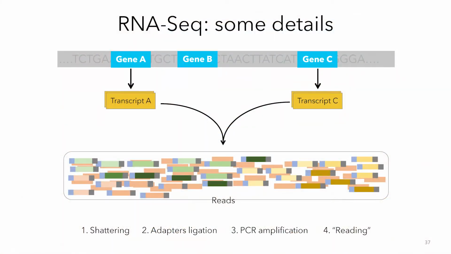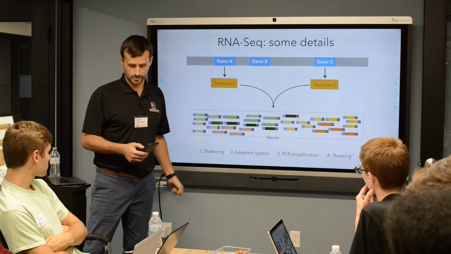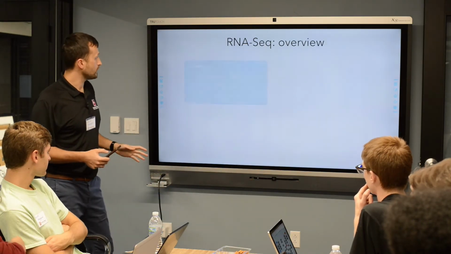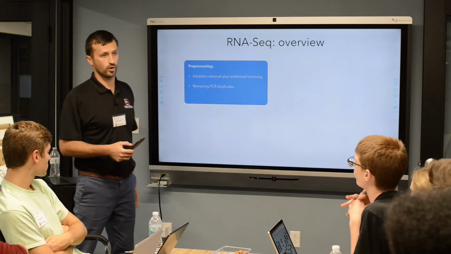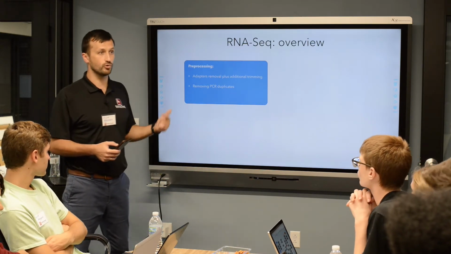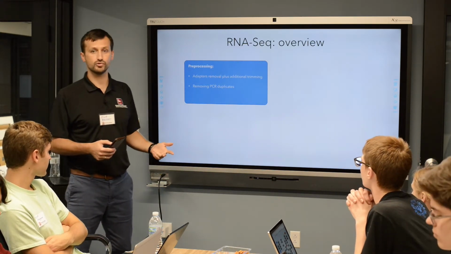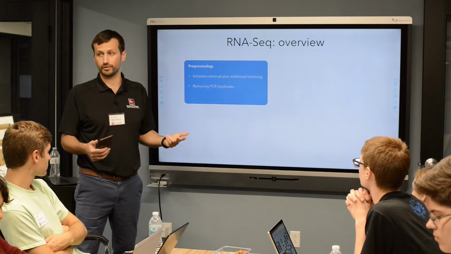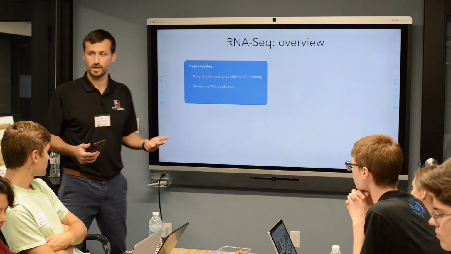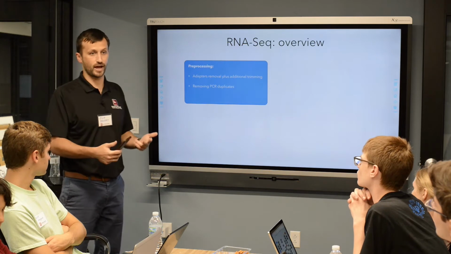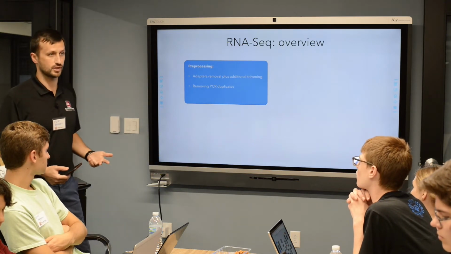And then we analyze what is the sequence of each one of these reads with adapters. That's why what we first need to do is pre-process. We want to remove the adapters and reduce this artificial amplification of the number of reads because we don't want to confuse that with the actual biological condition that we're studying.